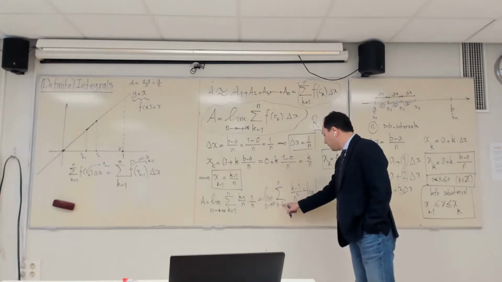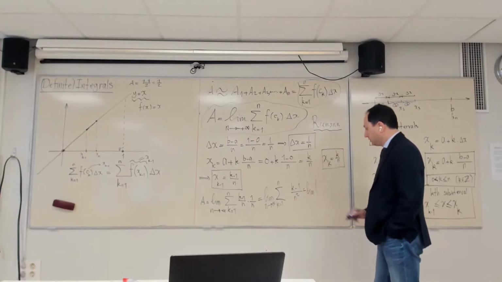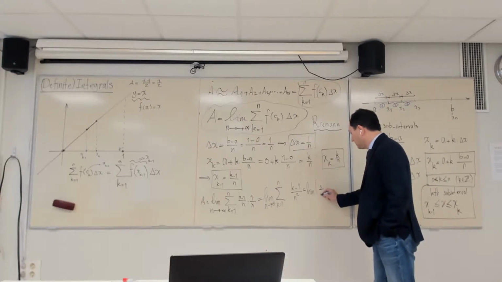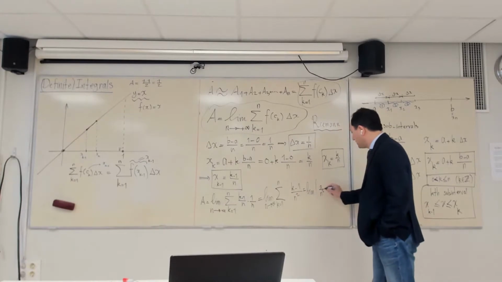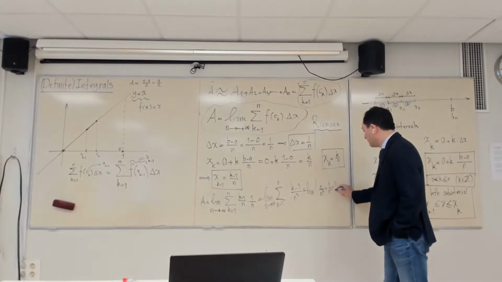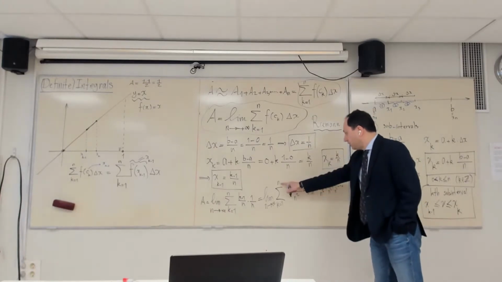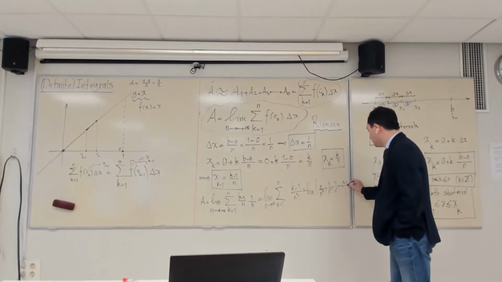When I put k equal to 1, this becomes 0 over n squared. When I put k equal to 2, it becomes 1 over n squared. When I put 3, it becomes 2 over n squared. And I continue until I put the final limit, which becomes n minus 1 over n squared.